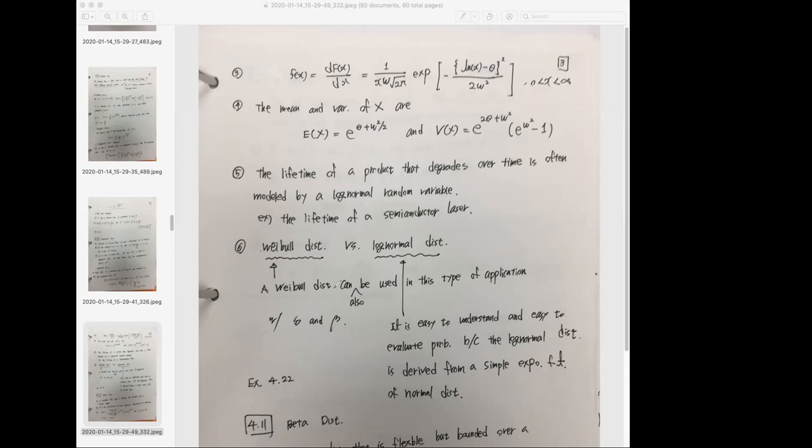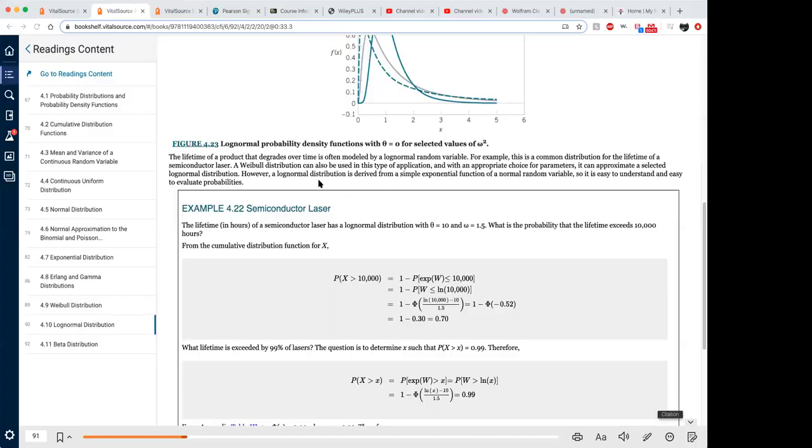Let's see example 4.22, the semiconductor laser.